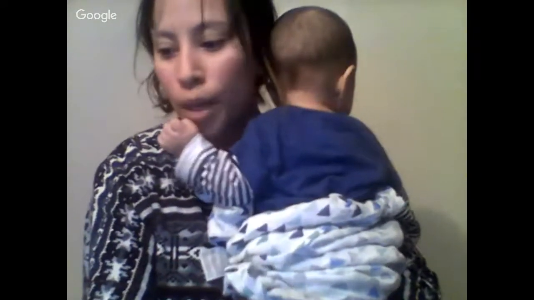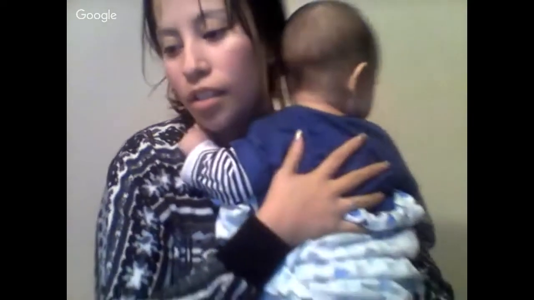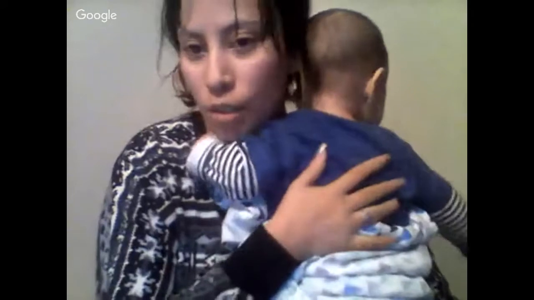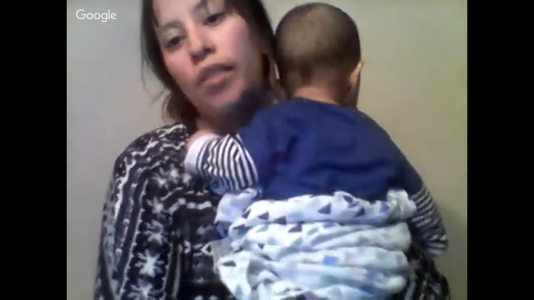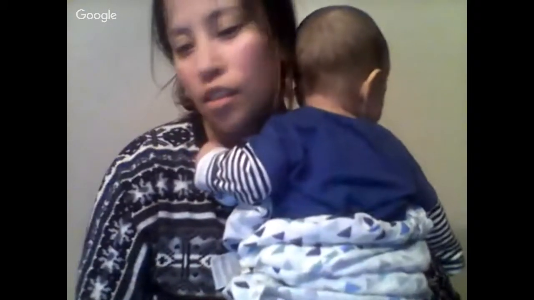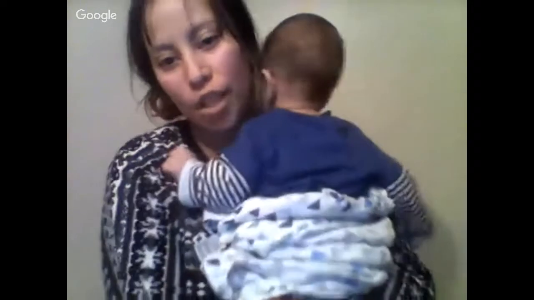And then for part 2, it's define the key terms. Part A is non-disjunction in meiosis 2 produces 50% aneuploid gametes, whereas non-disjunction in mitosis can produce a mosaic phenotype.